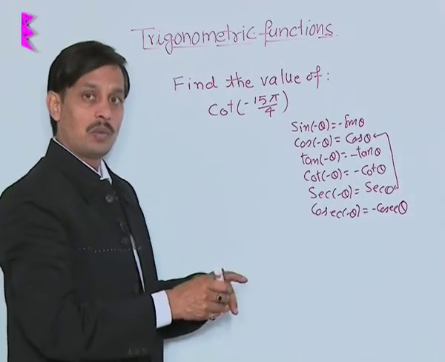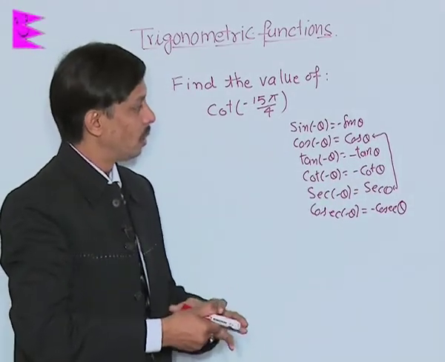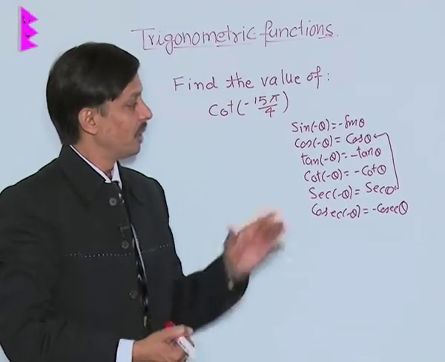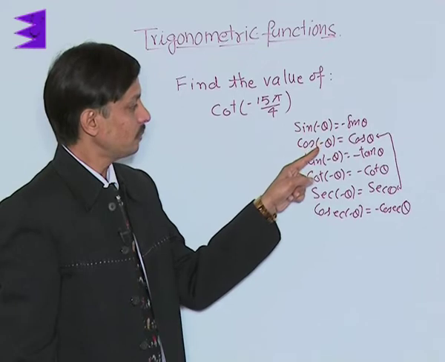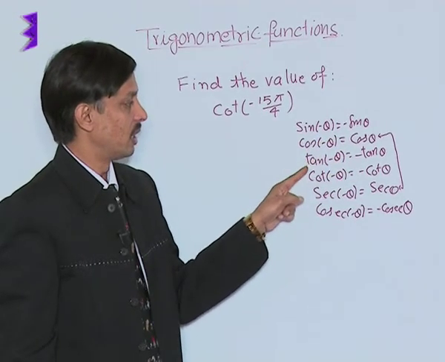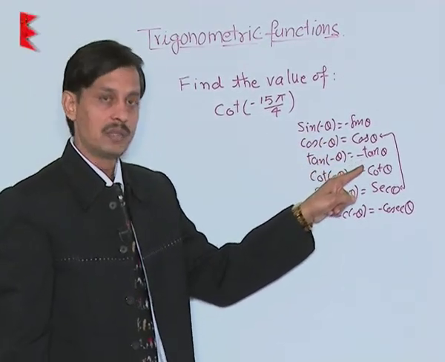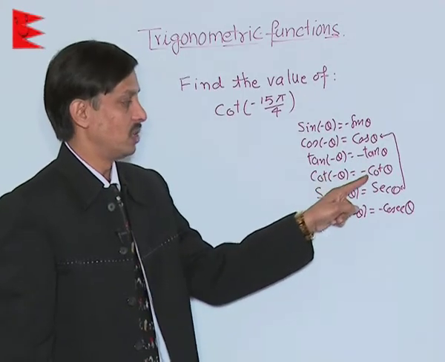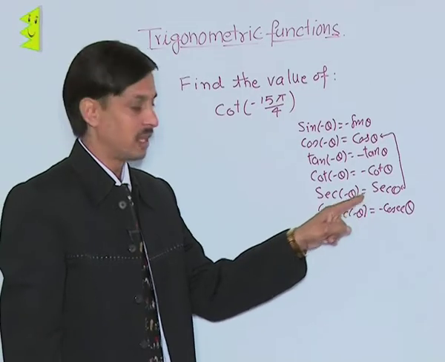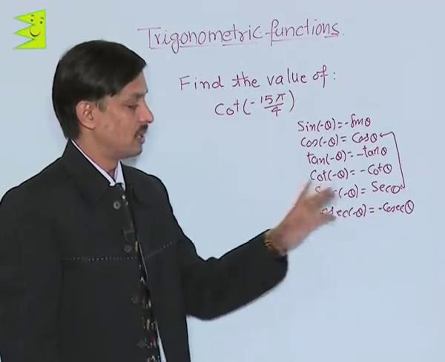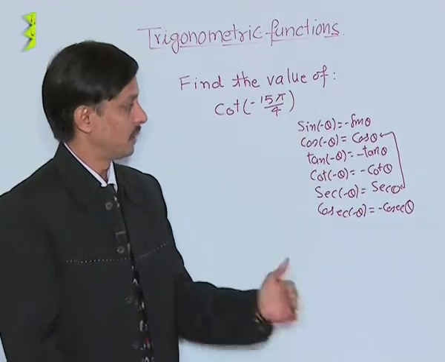So you can notice that sine of minus theta is minus sine theta, cos of minus theta is cos theta, tan of minus theta is minus tan theta, cot of minus theta is minus cot theta, but sec of minus theta is plus sec theta, and cosec of minus theta is minus cosec theta.